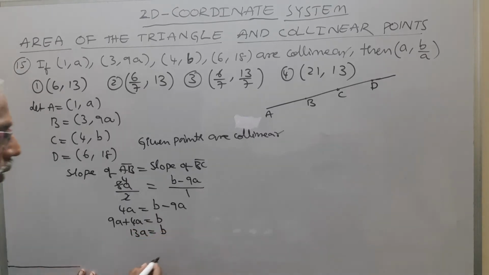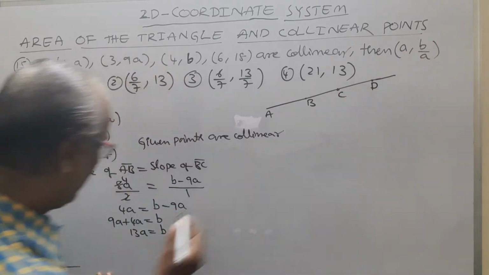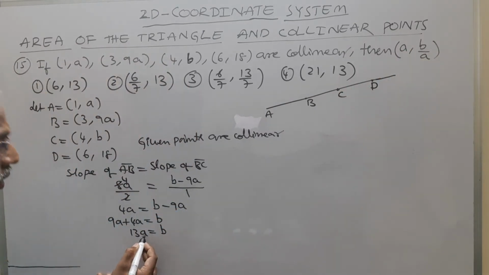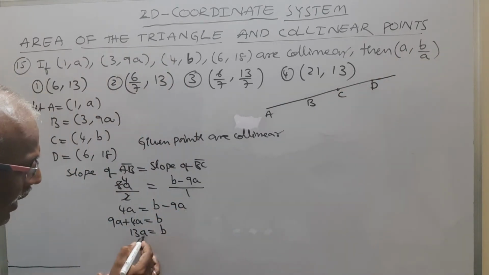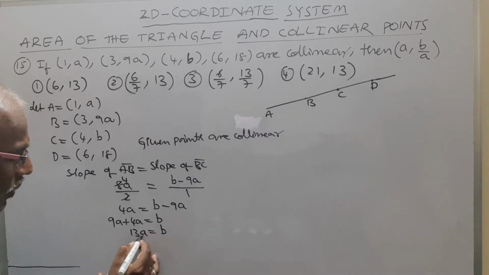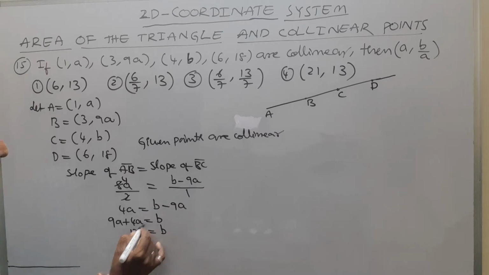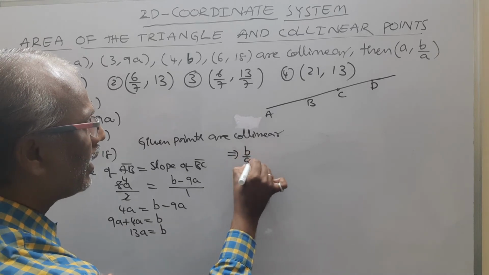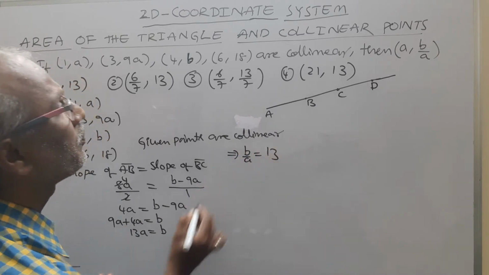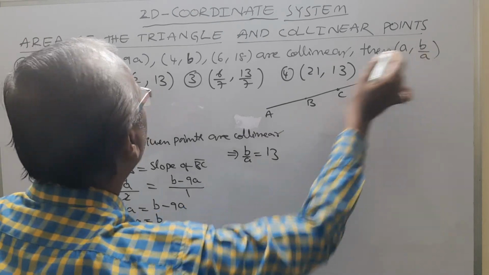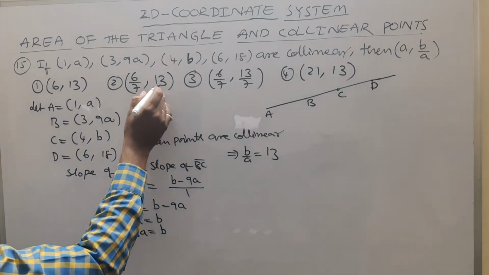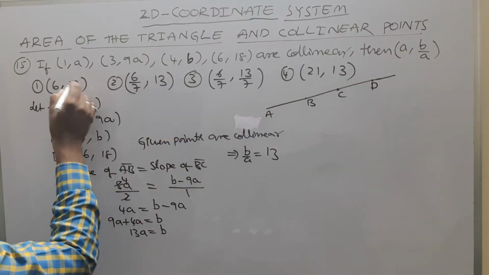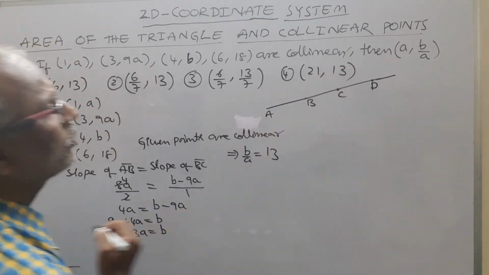Here to find b by a: 13 into a, multiplication goes to the right side as division, then b by a equal to 13. Here b by a equal to 13 is in the second option. First option also 13, fourth option also 13.